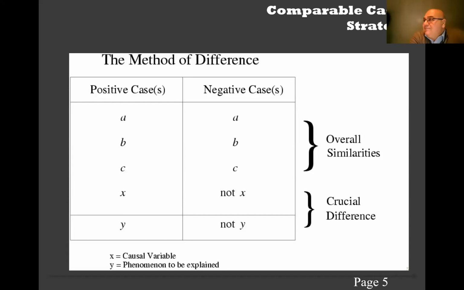They are the same. A, B, C. In one case, we have X and we have Y. And in the other case, we don't have X and we don't have Y. That's the difference. Everything is the same. Only X changes.